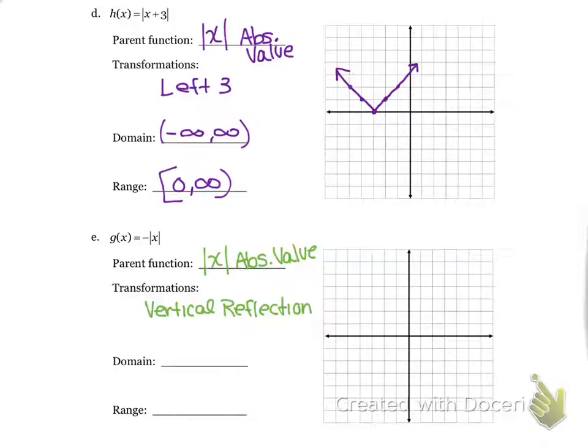Everything on the outside is a vertical shift. Anything on the inside with x is going to be a horizontal shift. So it's still going to go through the origin, but a vertical reflection is over the x-axis. So now it's going to go down like this. Your domain is still negative infinity to infinity, but now your range is coming from negative infinity and stopping at 0.